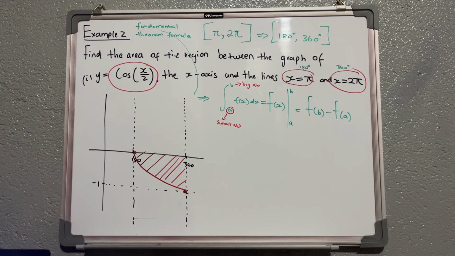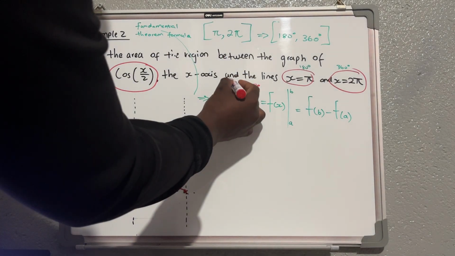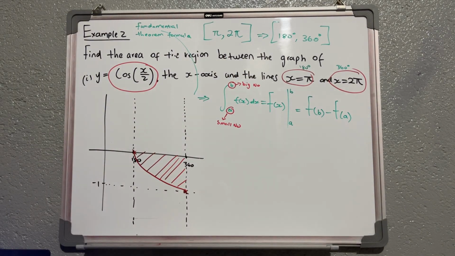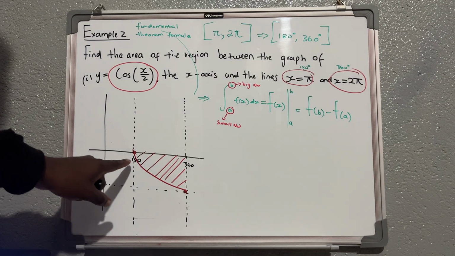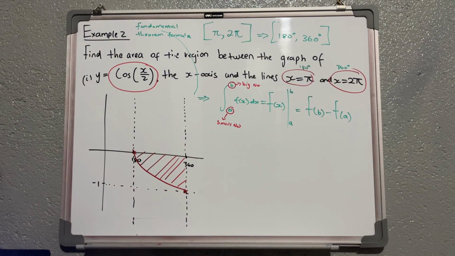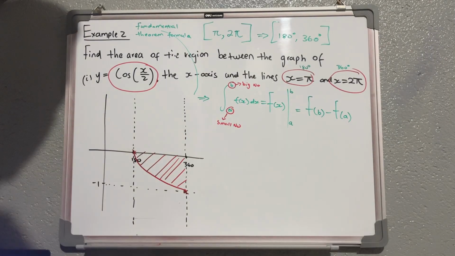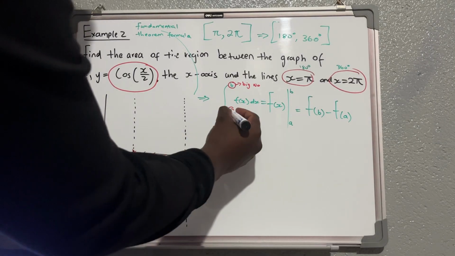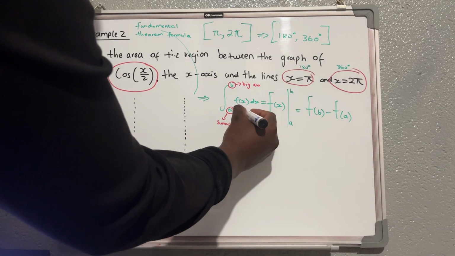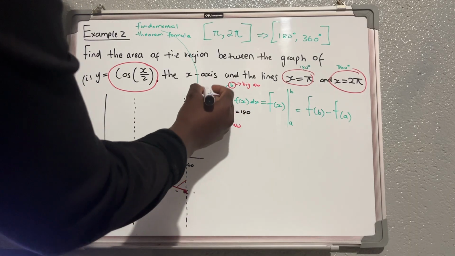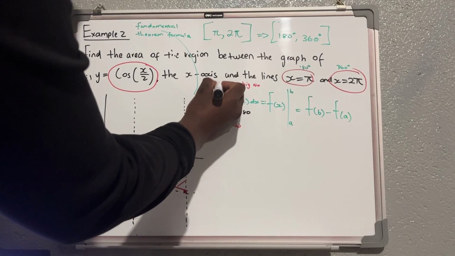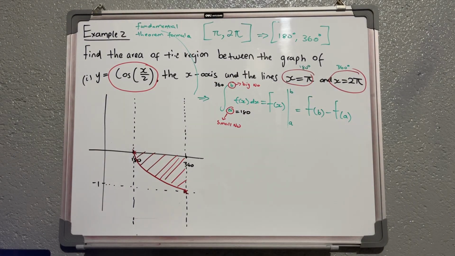So okay, we have our A and B as indicated here. In terms of which one is going to be A, the smallest number between your 180 and your 360, it now means your A is going to be the smallest. So here we're going to be having that 180, then this side we're going to be having that 360.